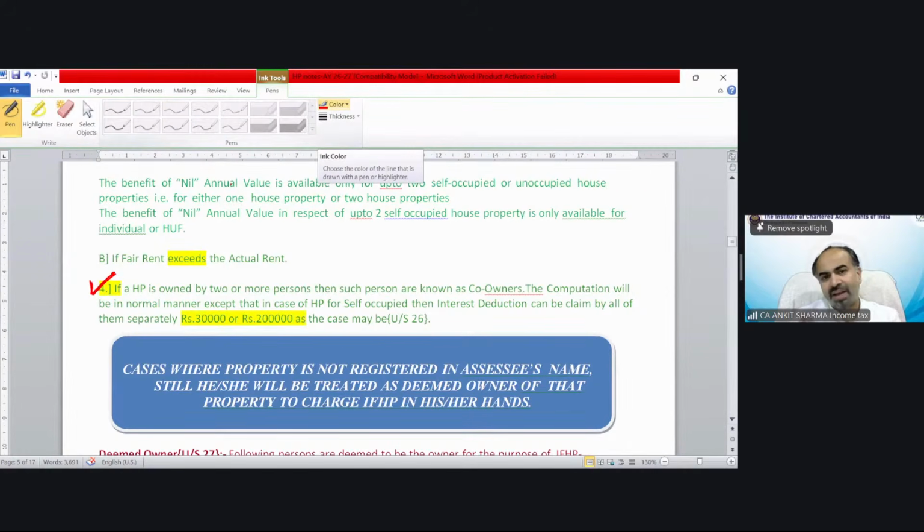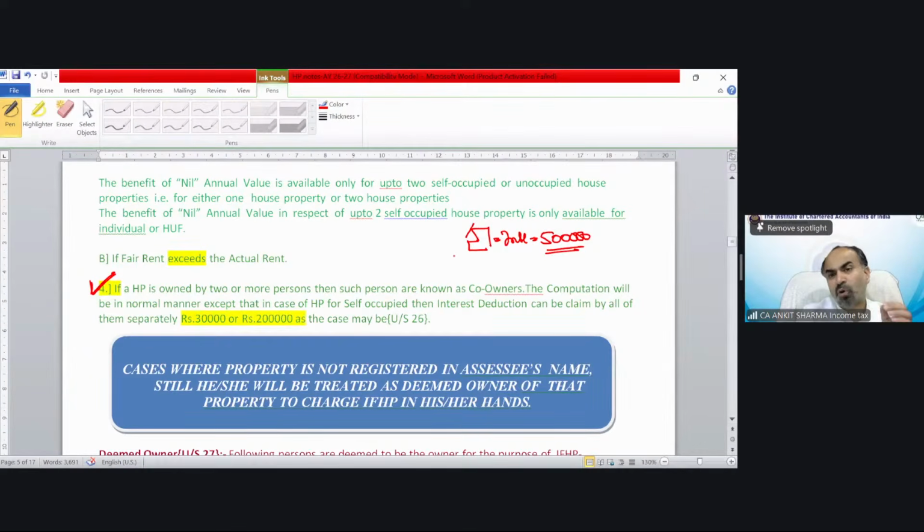So we have seen that in case of self-occupied property, the maximum interest deduction is 2 lakh or 30,000. But that 2 lakh or 30,000 deduction is not for the property, but for each person. Now suppose there is a house property and the interest on the loan is 5 lakh.